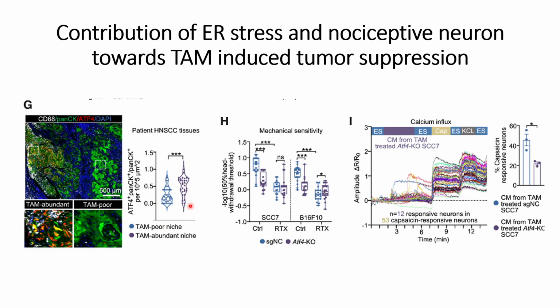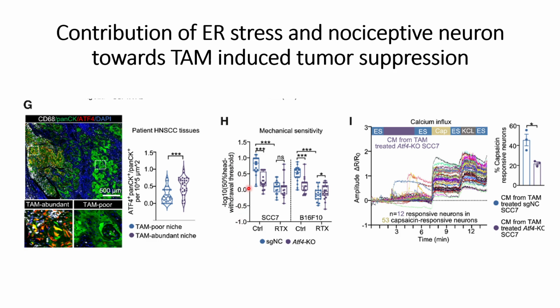Afterwards, they wanted to check the contributions of this ER stress and the nociceptive neuron in this TAM-induced tumor suppression. So they checked it from the mechanical sensitivity parameters, how much pressure this ER stress and nociceptive neuron contribute on these tumors. They did this under two different conditions.